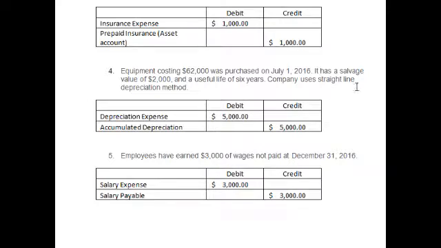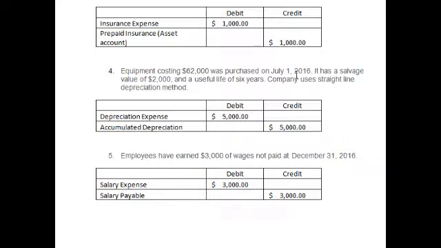It has a salvage value of $2,000. So 62,000 minus 2,000 makes a 60,000 depreciation base. And its useful life is 6 years. Since we're using straight line, 60,000 divided by 6 years makes it $10,000 a year depreciation expense.